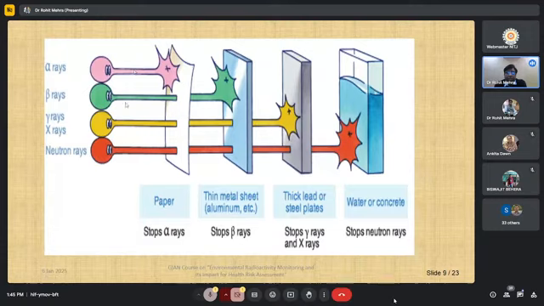By seeing this, you could imagine that for the same energy, the damage caused by alpha is the highest. Because for the same energy of, for example, 2 MeV which we were discussing, the maximum release of the 2 MeV is in the case of alpha. The reason is that alpha has the highest ionization power.